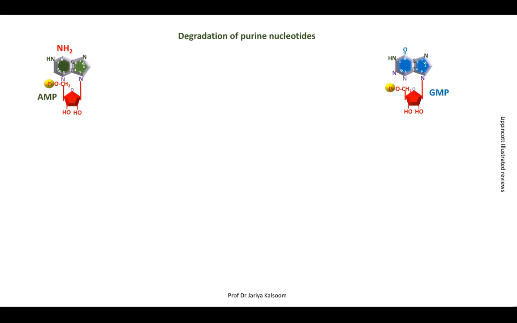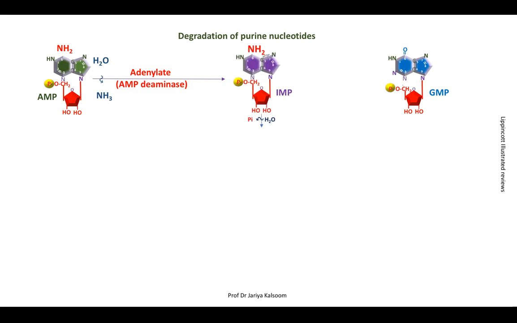sixth position. Now, when AMP is going to be degraded, first it is going to be converted to IMP, and that is through getting rid of this amino group which is present on its top, because when it was synthesized it was converted from IMP to AMP through addition of this amino group by aspartate, which was attached transiently to it, converting it into adenylosuccinate, and then the carbon skeleton was removed and the amino group was left behind.